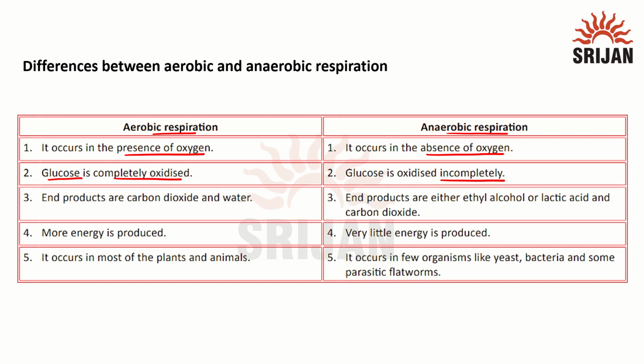Now, in aerobic respiration, end products are carbon dioxide and water, and of course, energy. And energy released in aerobic respiration is comparatively higher compared to anaerobic. In end products of anaerobic, you will either get ethyl alcohol or lactic acid along with carbon dioxide, and energy is less compared to aerobic respiration.